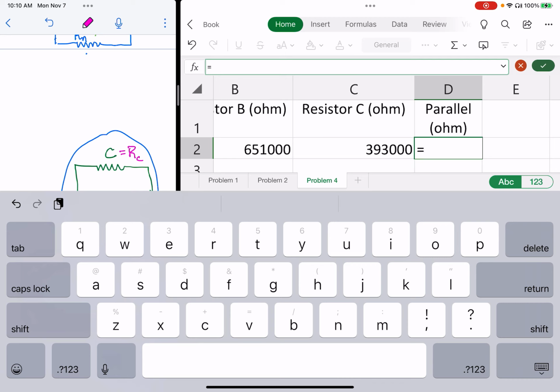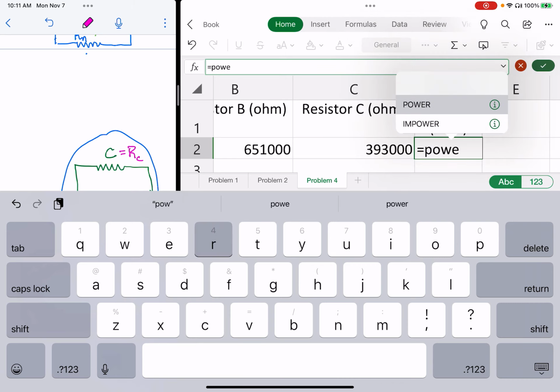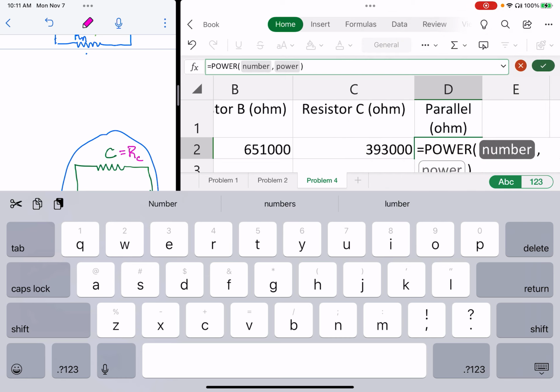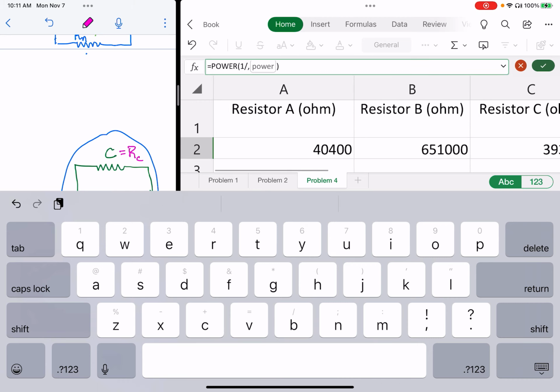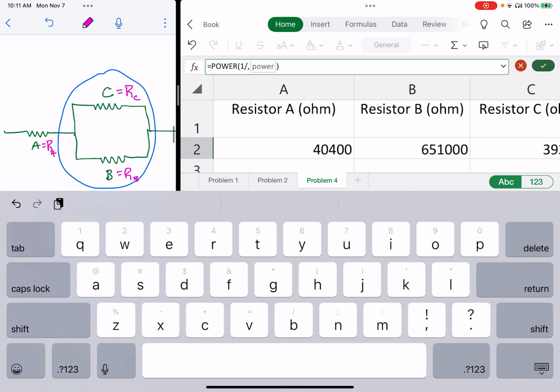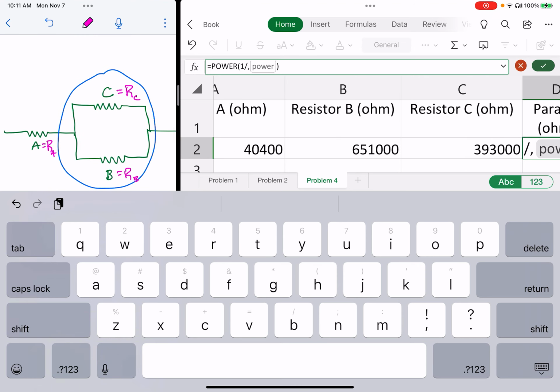Our resistance in parallel is just going to be equal to, we're going to take this to the negative 1 power, correct? So we have 1 divided by our first resistor value.